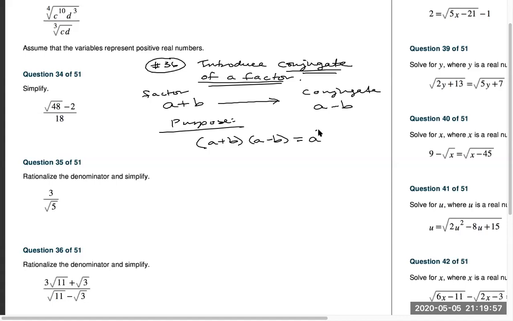This would be a squared minus b squared. Okay, so it gets rid of middle terms. Do note you'd have to FOIL this out. This would be a squared plus ba minus ba minus b squared. And then that's what I mean by the middle terms cancel.